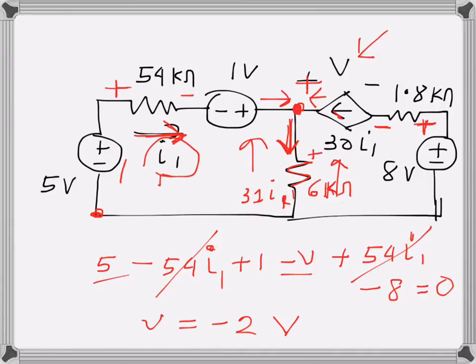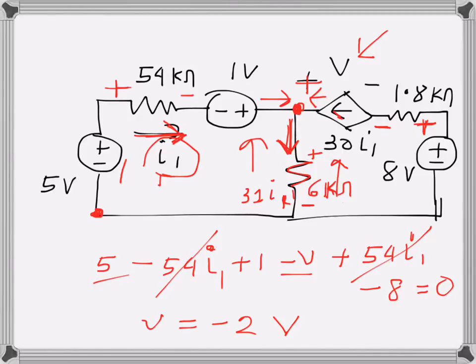I need to assign the voltage drop signs, because when I am writing KVL I have to go according to rises and drops. Now I am writing KVL for this loop as I mentioned earlier. So I am erasing that part. Starting from here I will go in the clockwise direction.